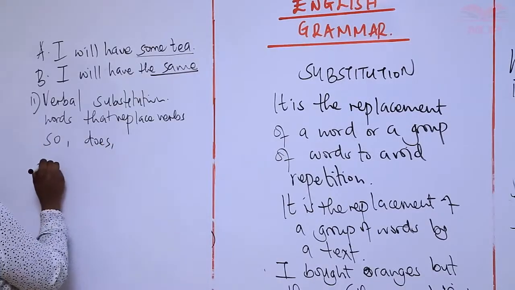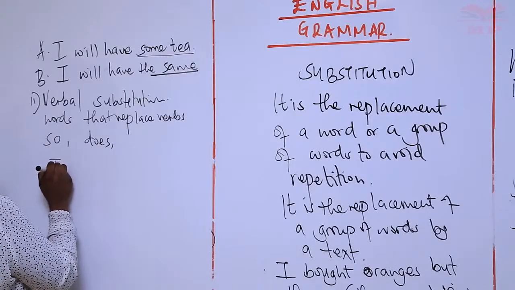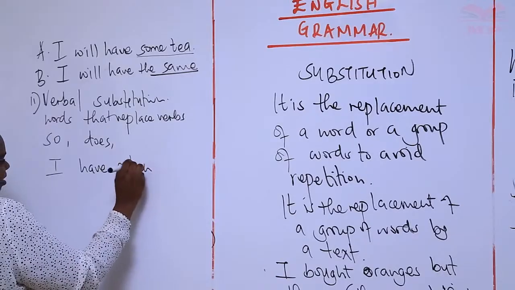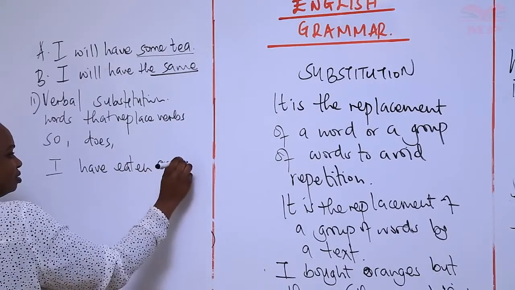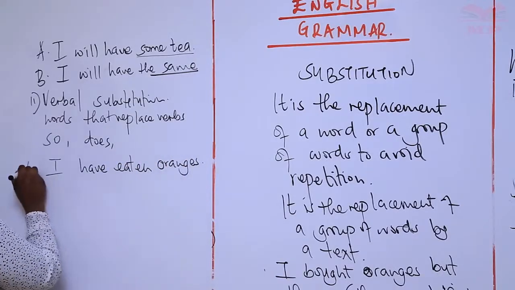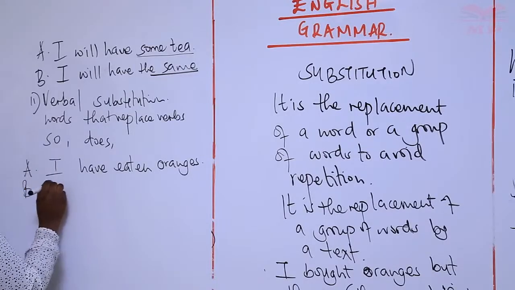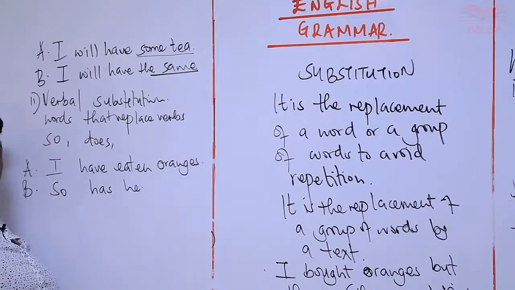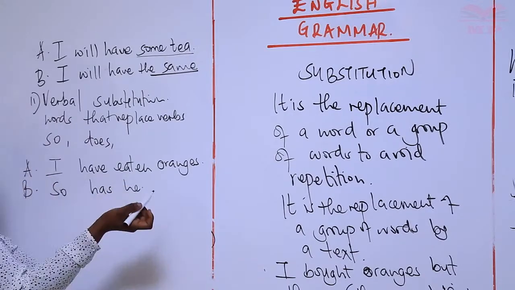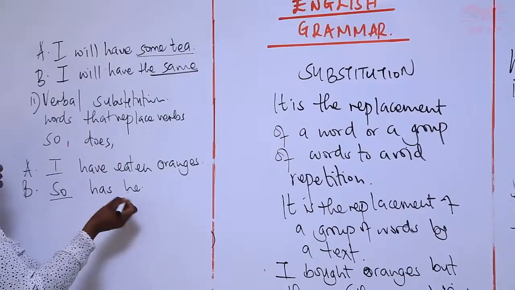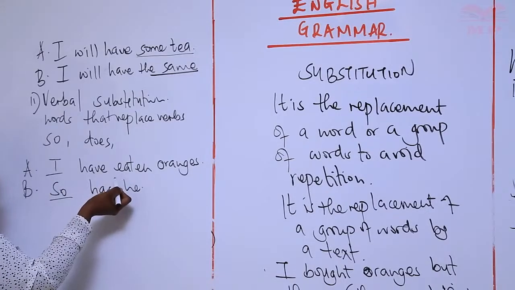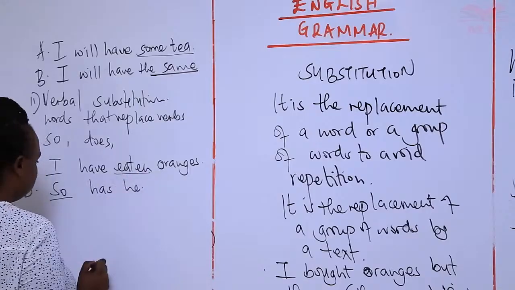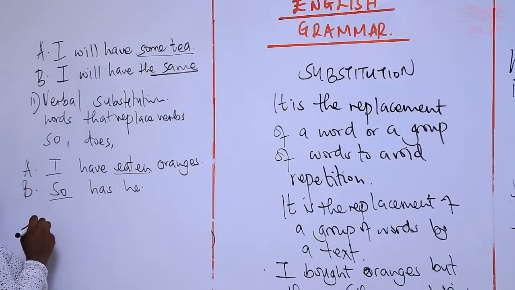So we have the example, I have eaten oranges, so has he. Okay, I have eaten oranges, so has he. So has replaced which word? Eaten. Okay, the word eaten.